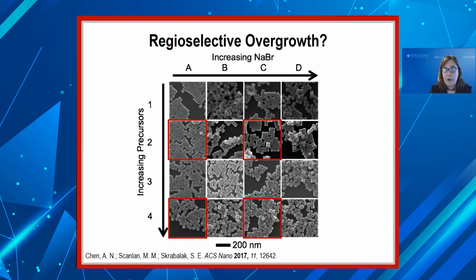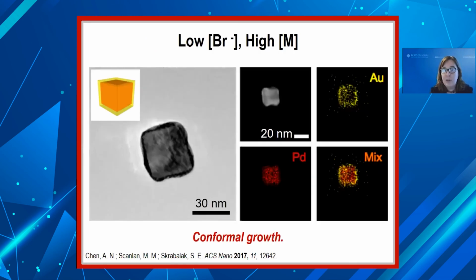So the first one is where we have a low bromide concentration. So we should have very little bromide on the 100 faces, which would allow for deposition on the faces of the cube. We also have high metal concentration, so we shouldn't anticipate much selectivity. And indeed, we end up with conformal growth and core-shell nanoparticle formation, as shown here.